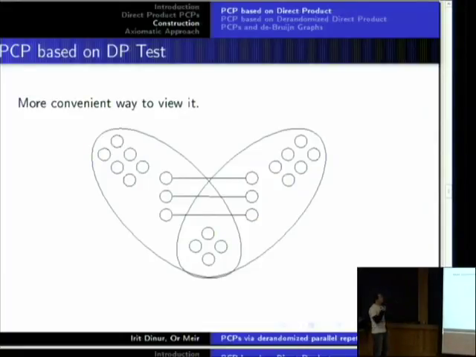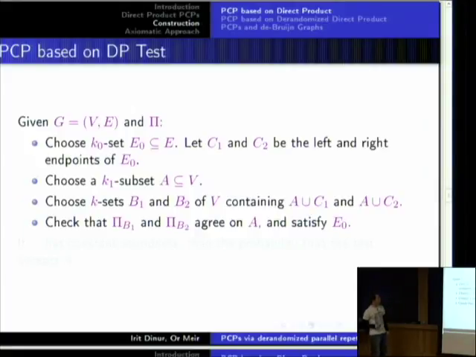And somewhat more formally, it will be as follows. Given a graph and a proof, we choose some set of, say, k0 edges, and let C1 and C2 be the sets of endpoints, and we choose a random set of K1 vertices, which will be the intersection A. Then we choose two random sets, B1 and B2, that contain the union of A and C1 and the union of A and C2, respectively.